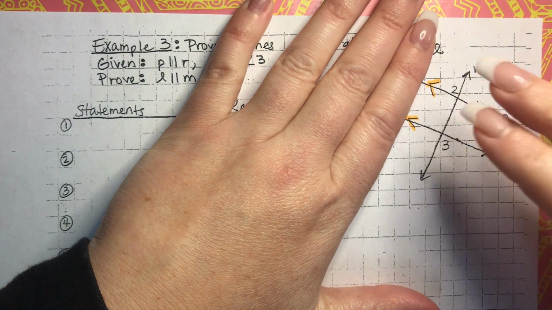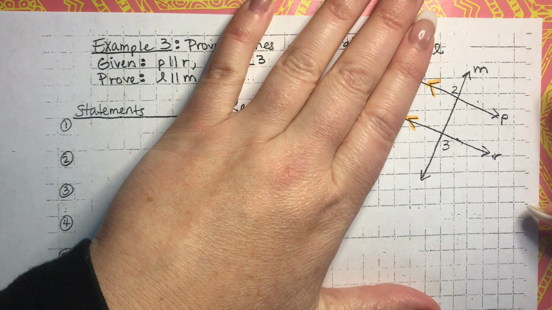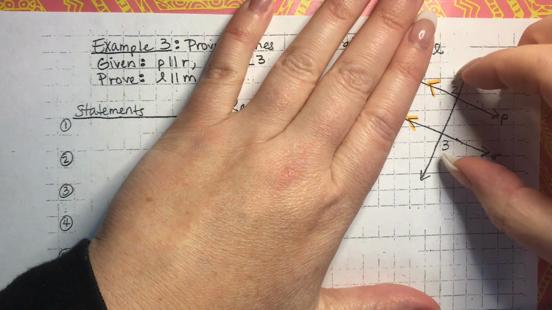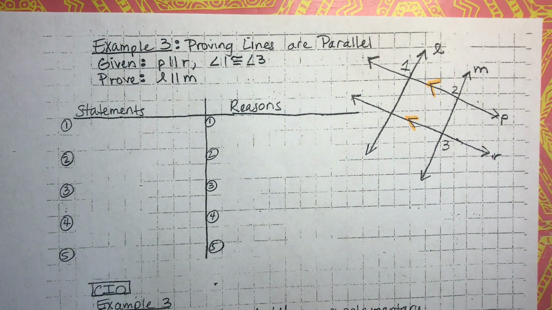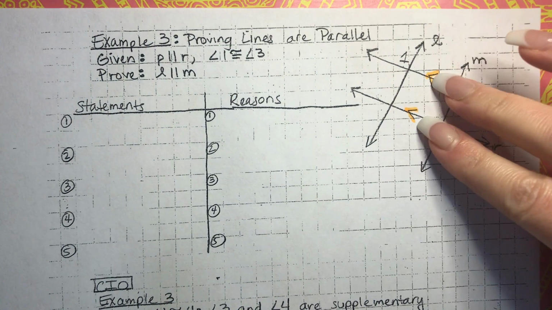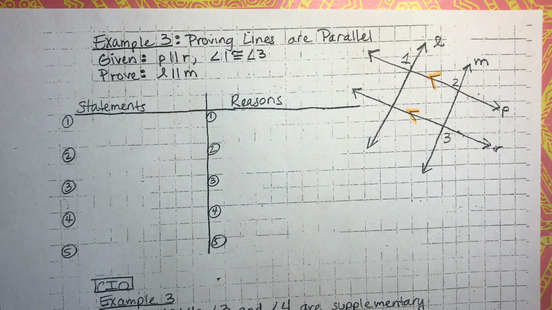So what that means is because these lines are parallel, we know by the alternate exterior angles theorem that these two angles are congruent to each other. So that is huge. We can say that because these lines are parallel, those two angles are congruent to each other by the alternate exterior angles theorem.